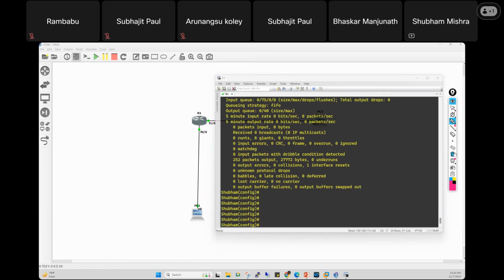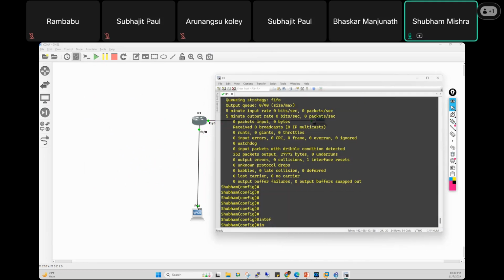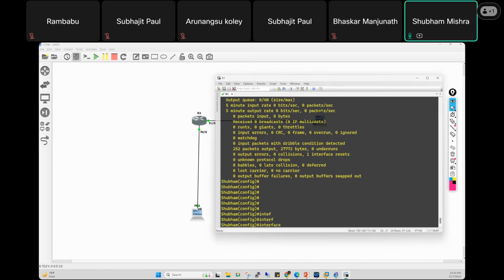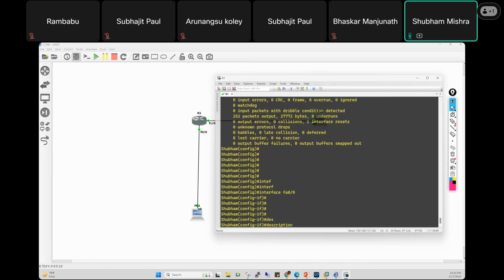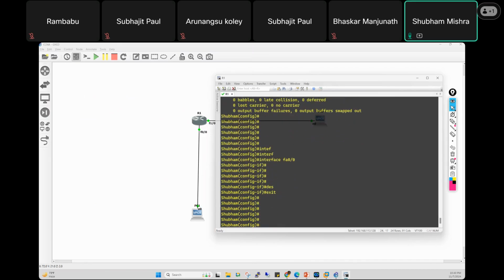So what you will do, you will go in interface fast Ethernet 0/0, and here you will write the description. And similarly, again, you will go on fast Ethernet 1/0 and write the description.